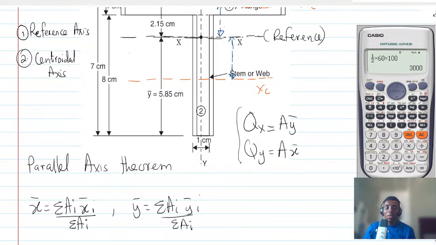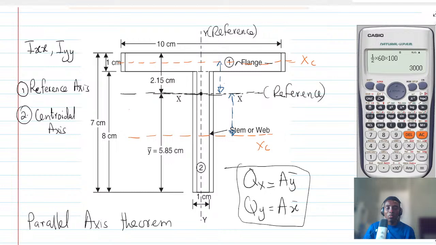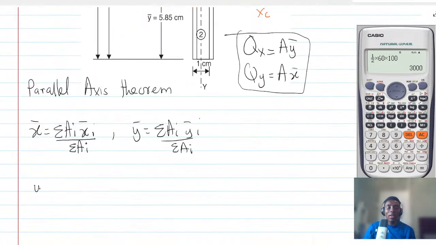So let me keep these two somewhere. I'll come back. So guys, let's do this together. A1 y bar 1 plus A2 y bar 2, divided by y bar 1 plus y bar 2.